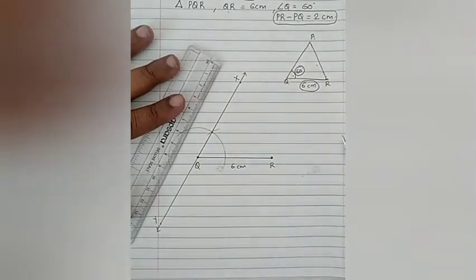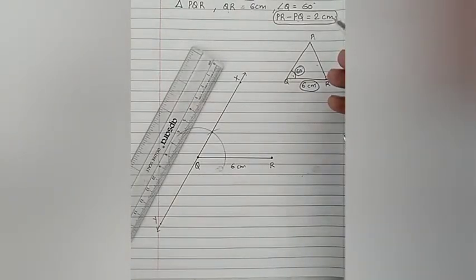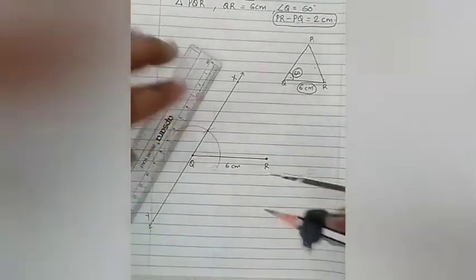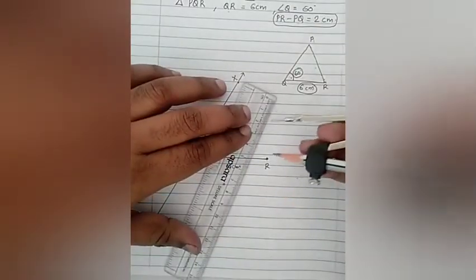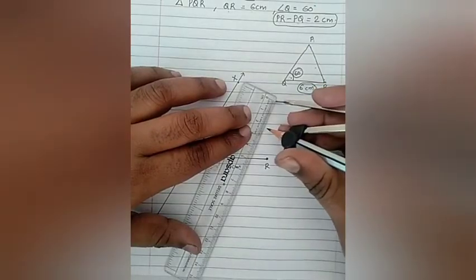Now we'll proceed with the same process that we did for the first two questions. That is, we'll use this measurement, the difference between the two sides, which is given as 2 centimeter. I'll use my geometric compass and take the measurement of 2 centimeter.